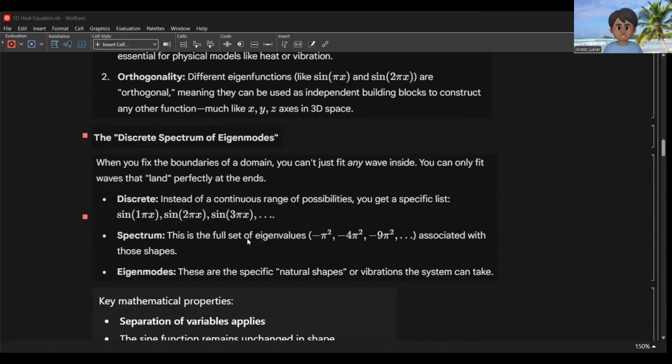The meaning of spectrum is the full set of eigenvalues, negative pi squared, negative 4 pi squared, negative 9 pi squared, associated with those here. So these are the eigenvalues. The eigenmodes are the specific natural shapes or vibrations the system can take.